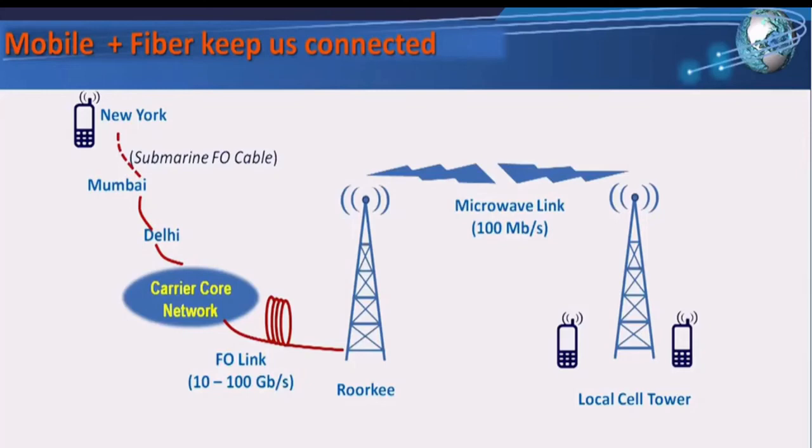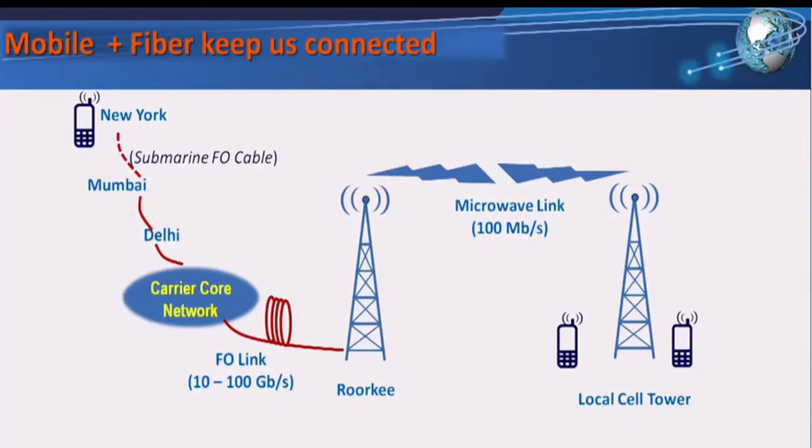See here, the local tower is connected to another tower, which is again connected to an optical fiber carrier core network to Delhi, Mumbai and New York. The local cell tower is connected to another tower using a microwave link. This microwave link has a speed of 100 megabits per second.